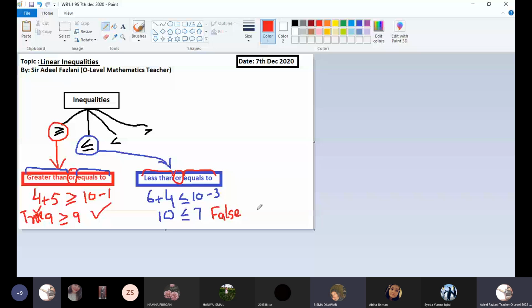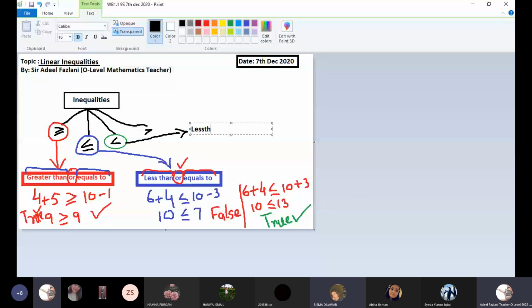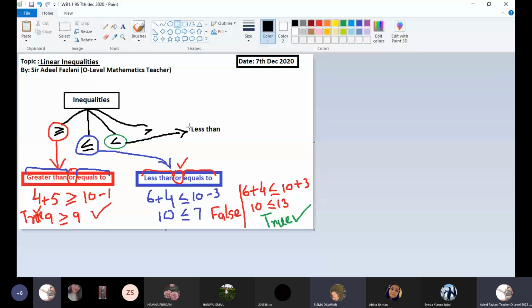Less than only. We are not going to say less than or something else because we cannot find any other sign in between. Yes, example for this less than. Repeat the example.